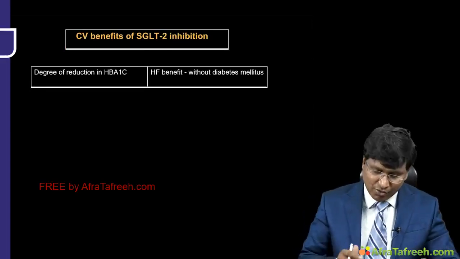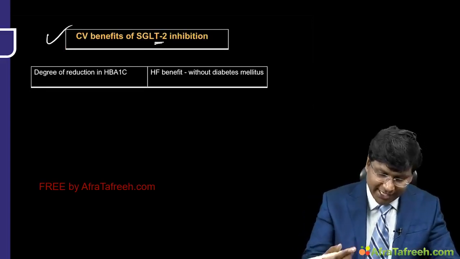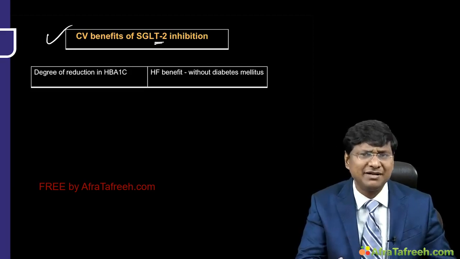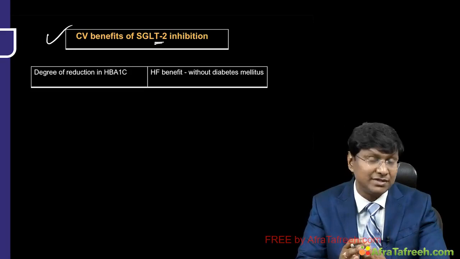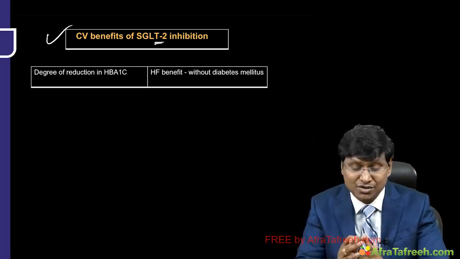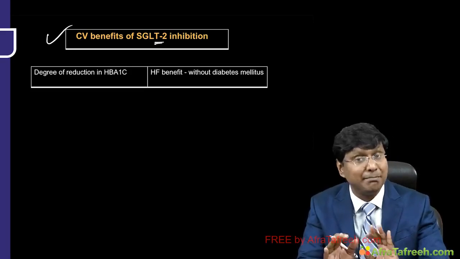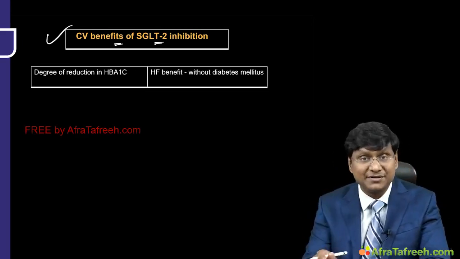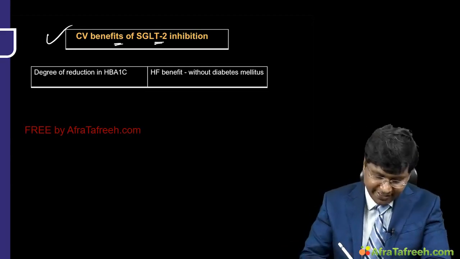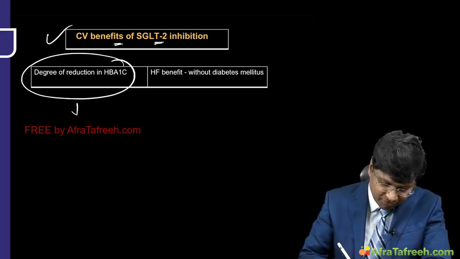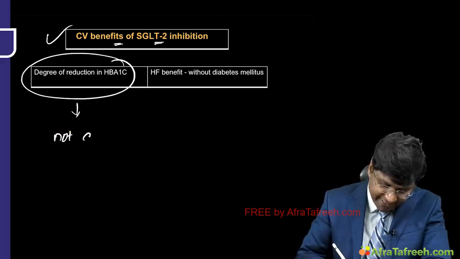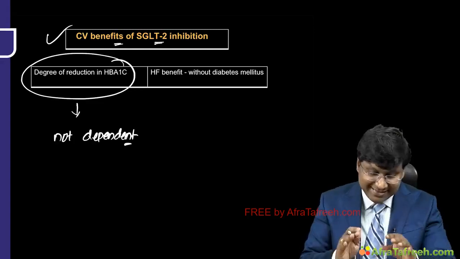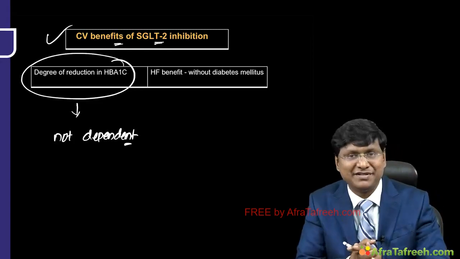Okay, right. So what are the cardiovascular benefits of your SGLT2 inhibitors? Just now we have discussed: they reduce heart failure hospitalization and they also reduce cardiovascular events. But the cardiovascular benefit of SGLT2 inhibition is not dependent on the degree of reduction in the HbA1c.